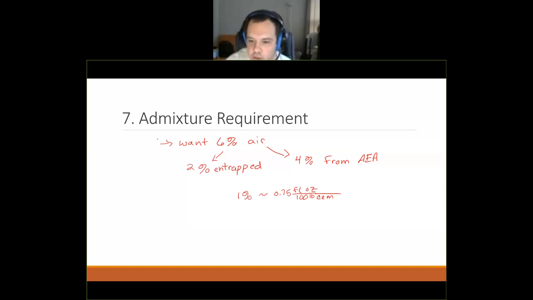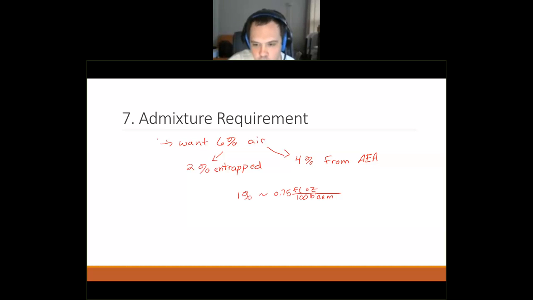Certain fly ashes are not conducive to being air entrained. And so all of a sudden you will have to add a bunch more air entrainer in order to accomplish the desired air entrainment level. And this is where the trial batches and testing comes into play.